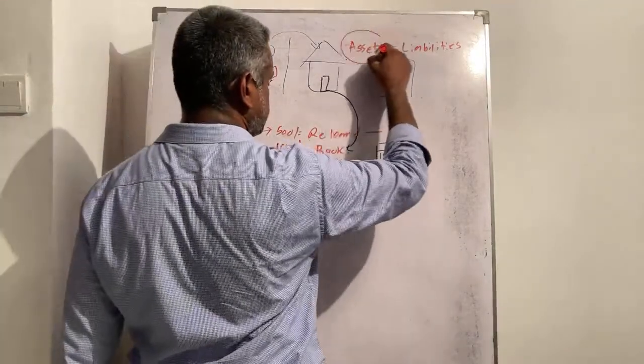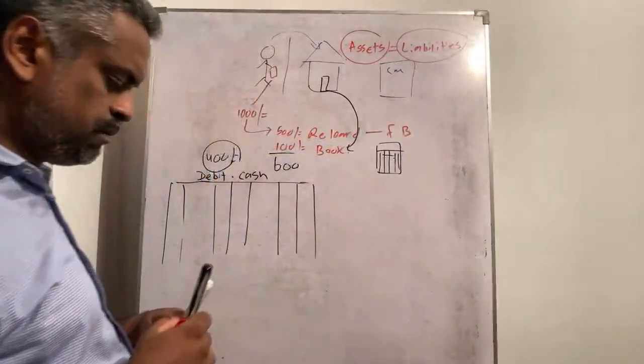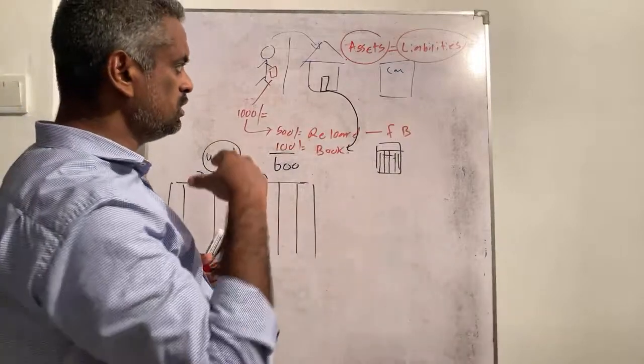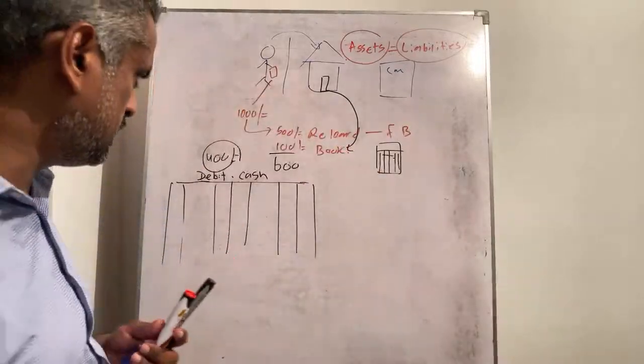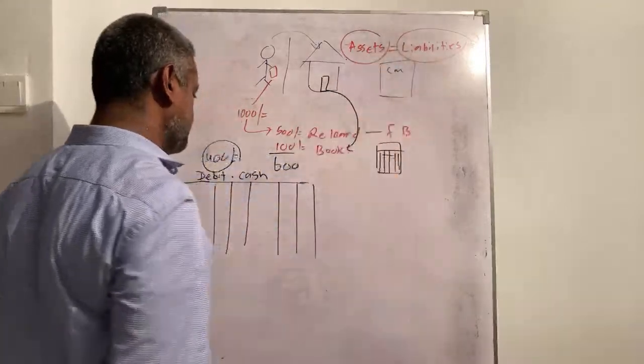What are these assets and what are these liabilities? We are going to have certain idea about the definitions today. What do you mean by assets and what do you mean by liabilities?